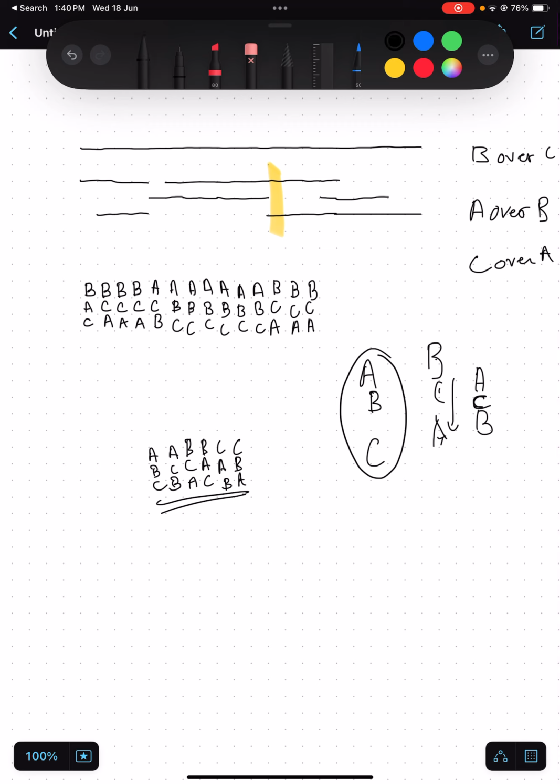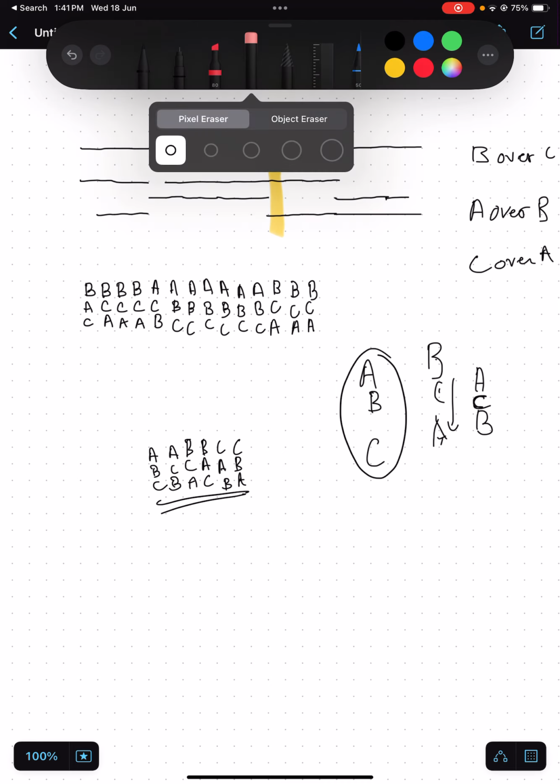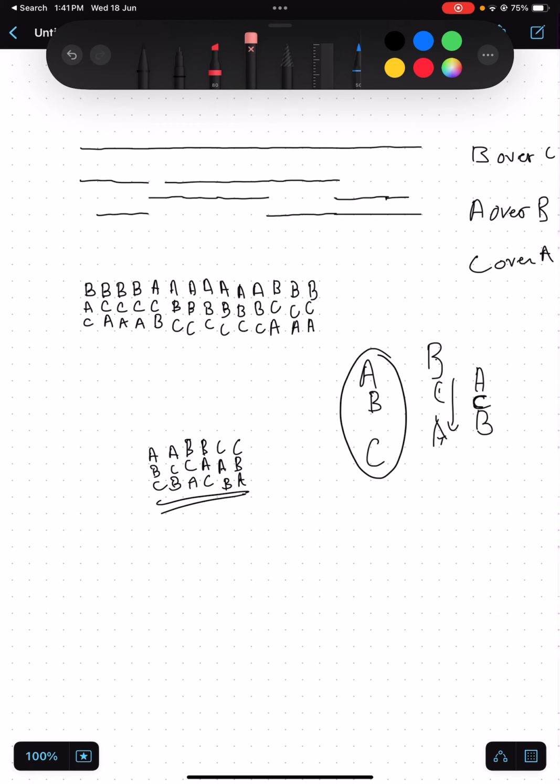Now let's shift it somewhere else. What we can do is take this line away from here and put it over here. So this one goes here, and then I erase this one. Okay, much better. And now we can study again.